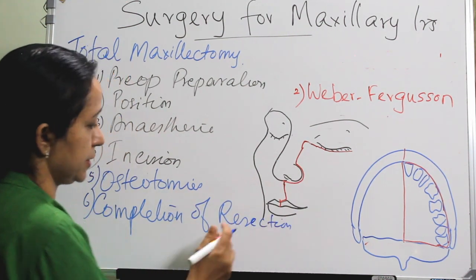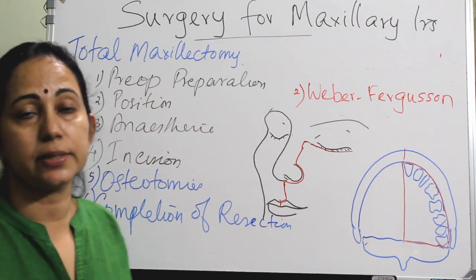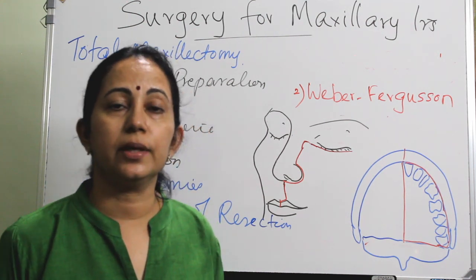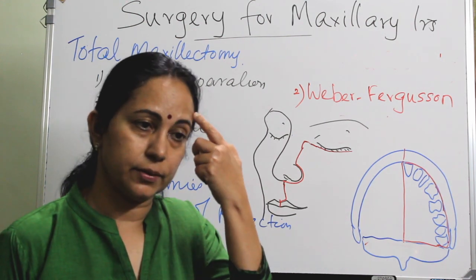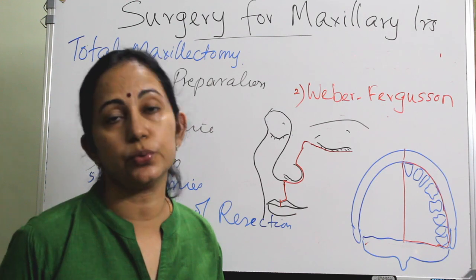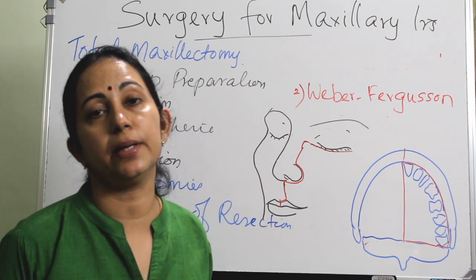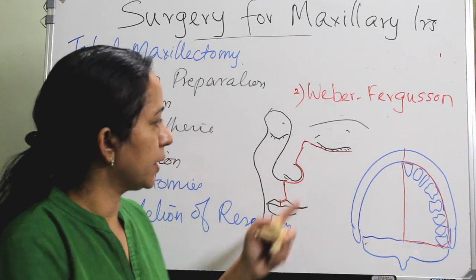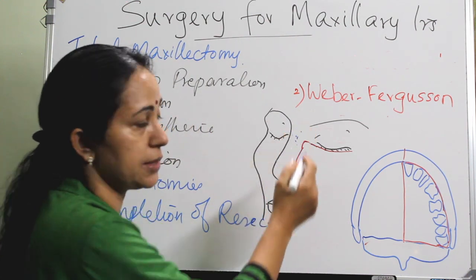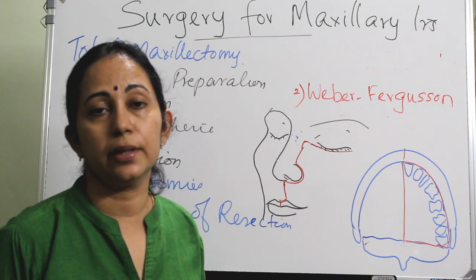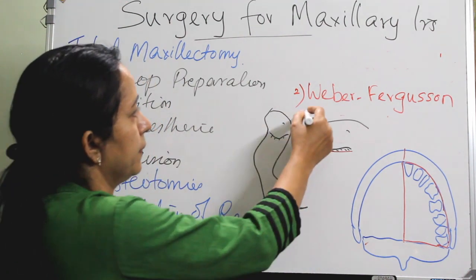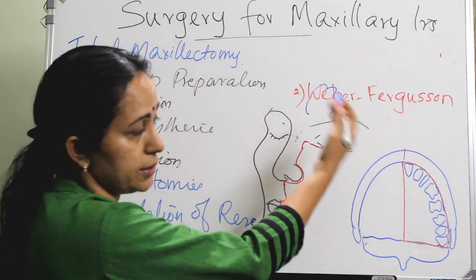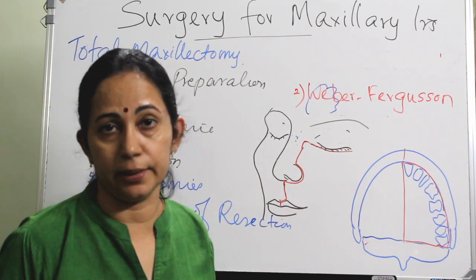Completion of the resection, that is, all the areas should be inspected carefully, and if there is tumor extension, soft tissue extension or any remaining tumors, that has to be removed in total. The ethmoid sinus should be exenterated totally, and the frontal, here comes the frontal, and the sphenoid sinus should be opened widely.